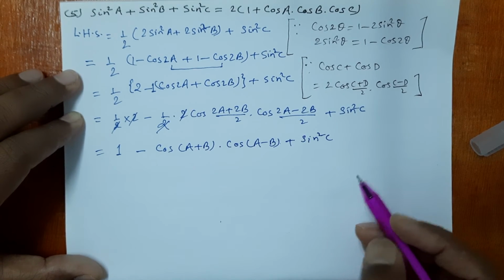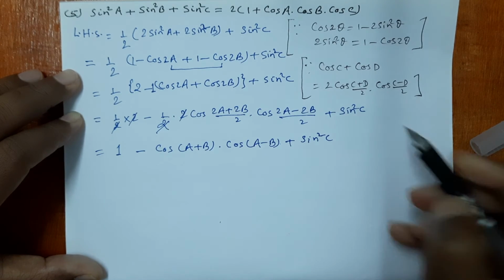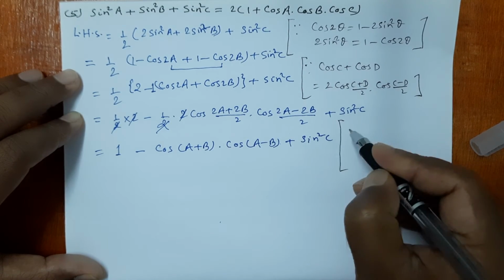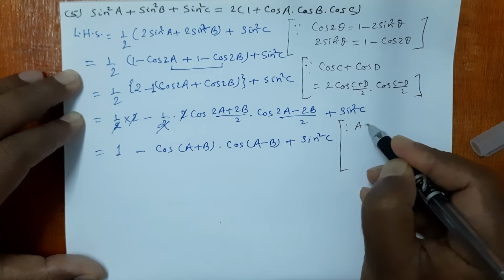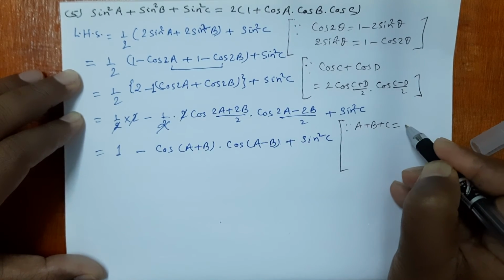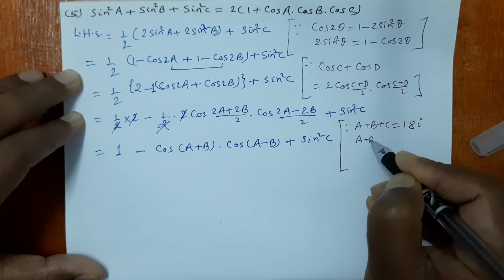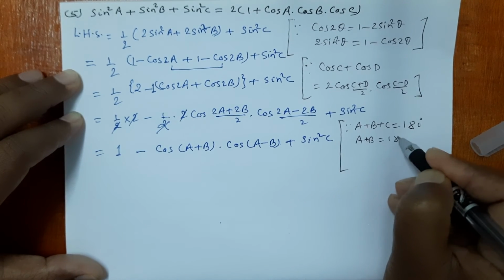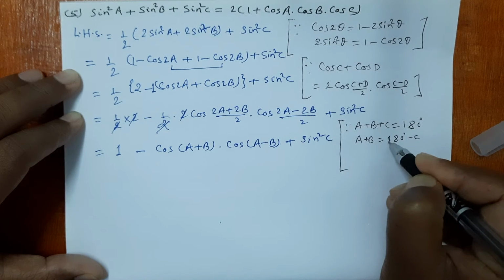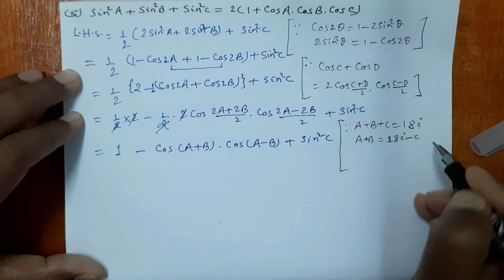Okay, and now as it is given that A plus B plus C equals pi radian, that is 180 degree, A plus B equals, C goes to the other side and becomes 180 degree minus C, or subtracting C on both sides also we can say.